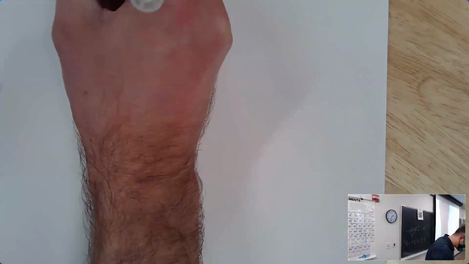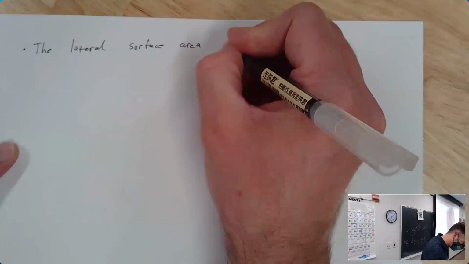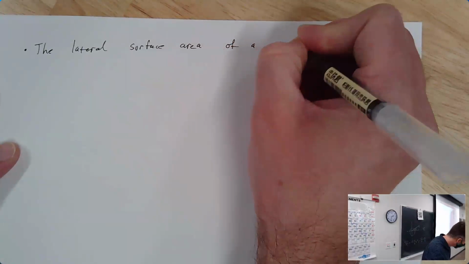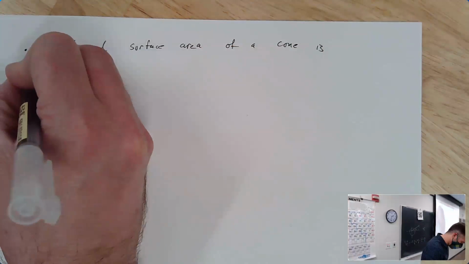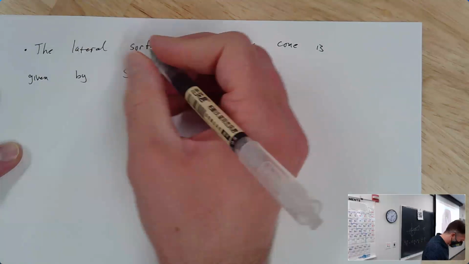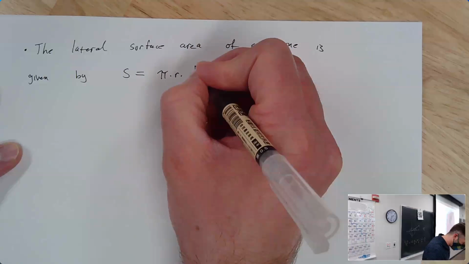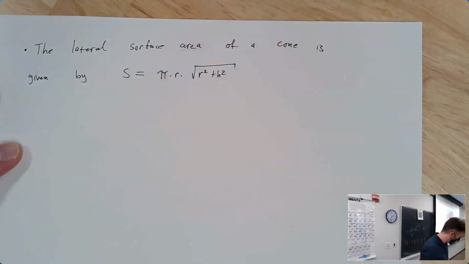So surface area of a cone. I should point out that the lateral surface area of a cone is given by the formula surface area is equal to pi times r times the square root of r squared plus h squared.